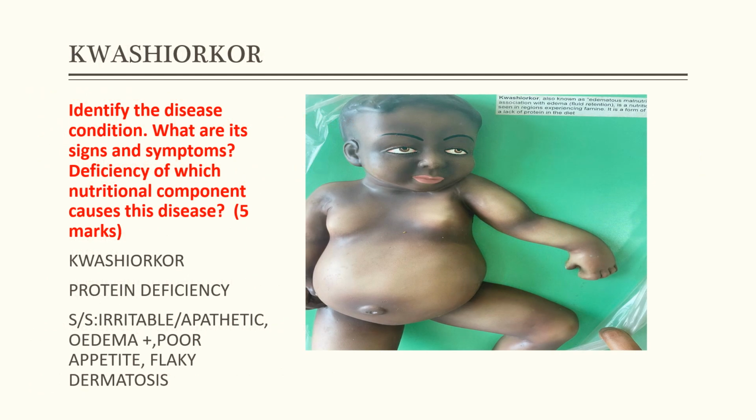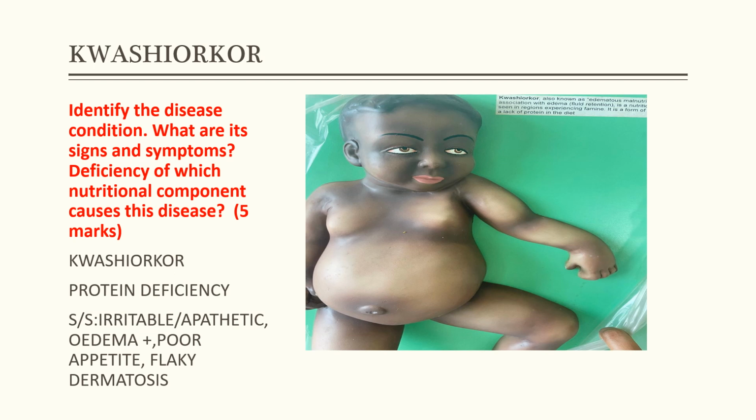Now coming to another model like that of measles, but this one is a different one. Here the question might read, identify the disease condition. What are its signs and symptoms? Deficiency of which nutritional component causes this disease? Well, you can understand from the pot belly, edematous body parts, and the apathetic facial expression.